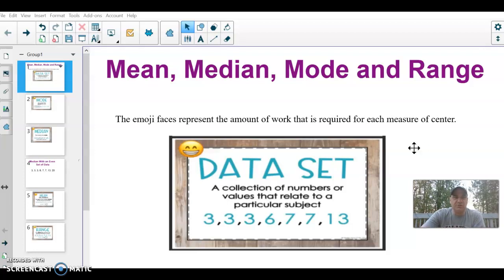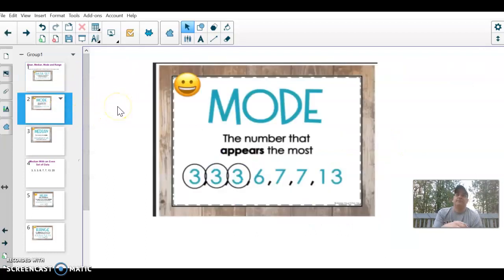So let's go to the mode, because I think you'll like the mode, the emoji. Mode is the number that appears the most. So basically, what number appears the most in the data set? In this case, it's the number 3. It appears once, twice, 3 times. 7 appears twice, so it's close, but there's 3 threes, so 3 is the mode.